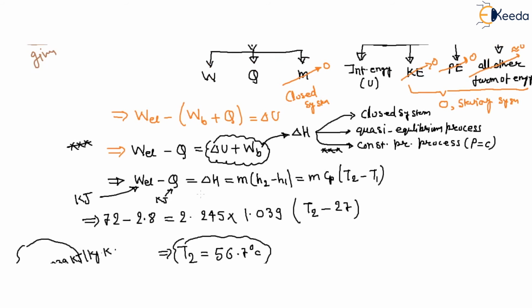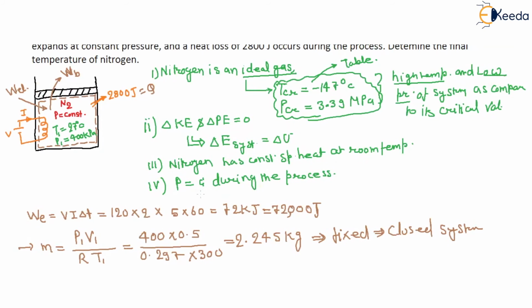See, this problem we also solved by taking into account the boundary work. But when we take the boundary work, it is WB equal to the integral from 1 to 2 of PdV, and with constant pressure, P(V2 minus V1).